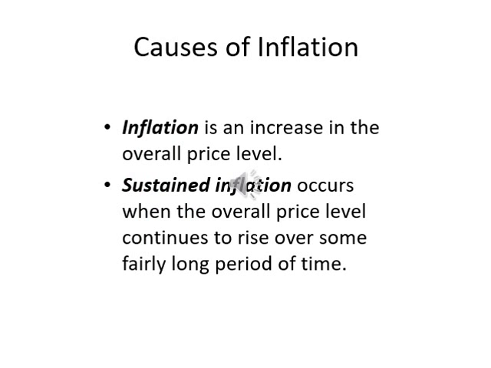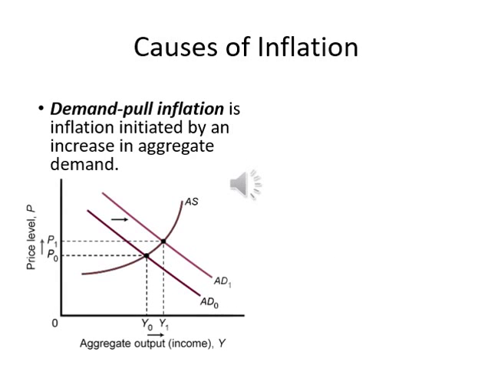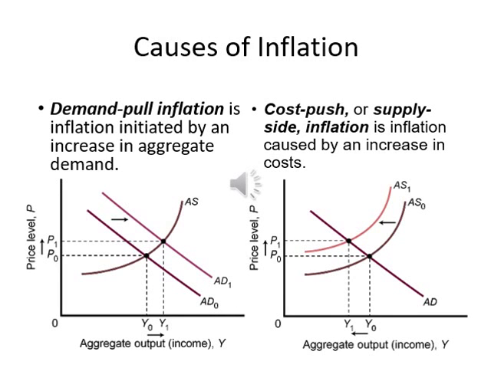Inflation is an increase in the overall price level. Sustained inflation occurs when the overall price level continues to rise over some fairly long period of time. Demand-pull inflation is inflation initiated by an increase in aggregate demand.